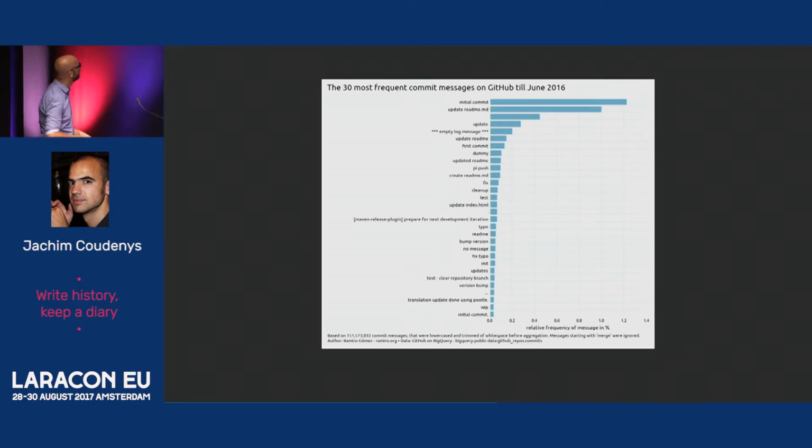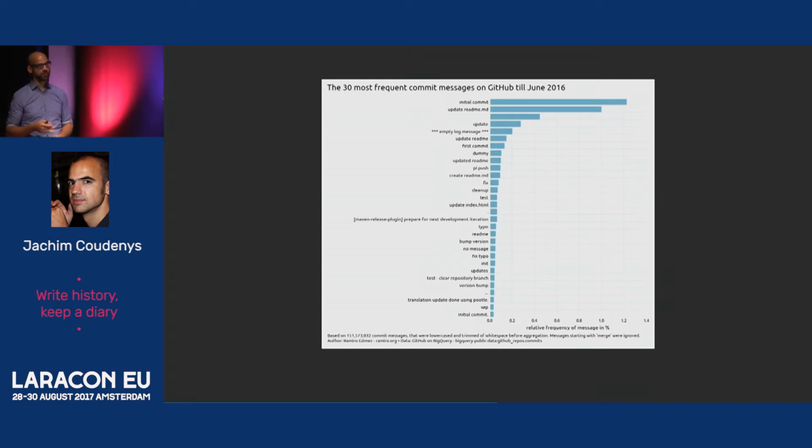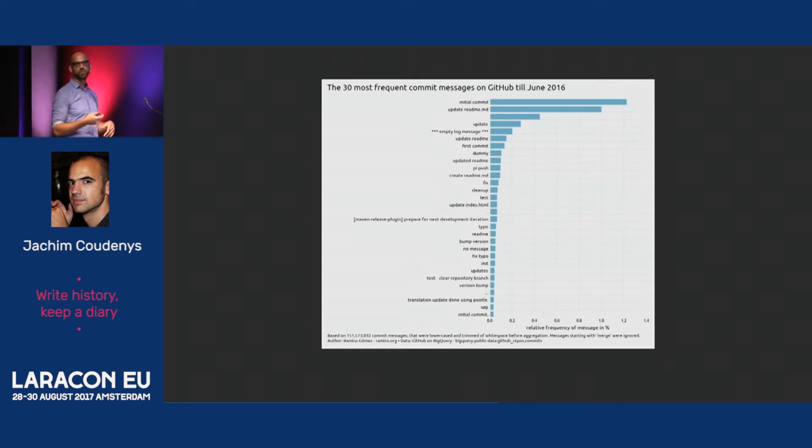This is a graph of 150 million commits, and all the merge commit messages were ignored. And this is the top 30. At the top you have initial commit, which is not really something people type in, it's just if you follow the GitHub README, that's your first commit message.